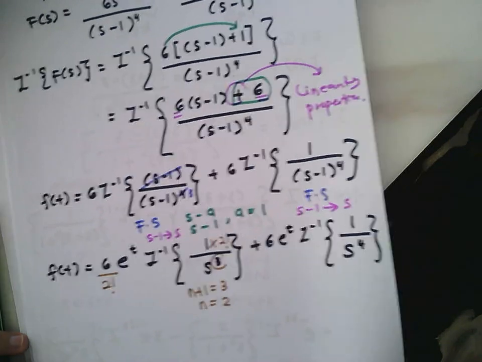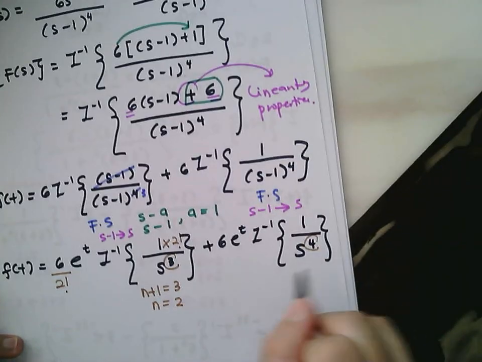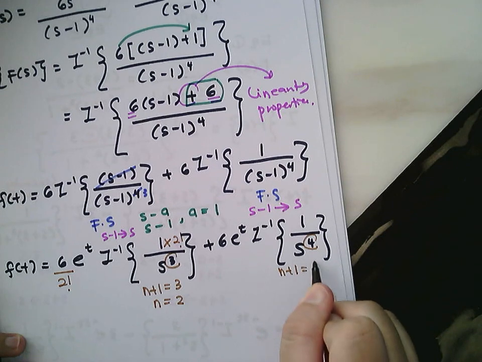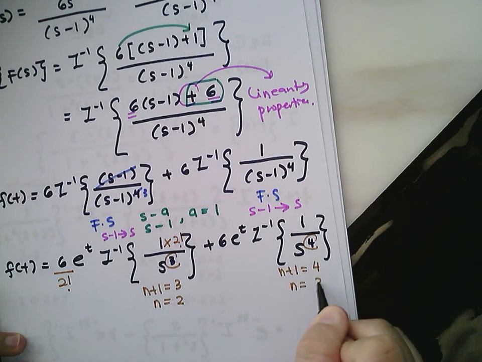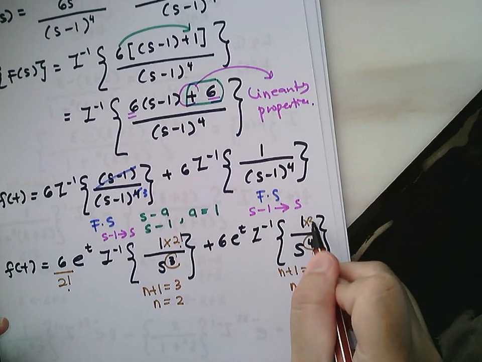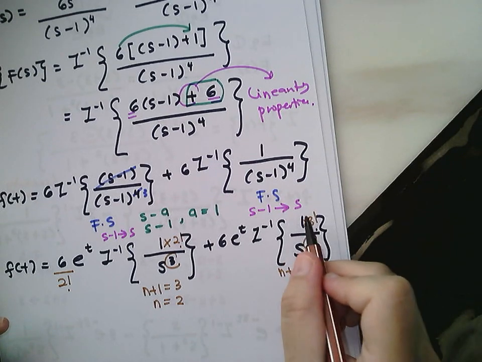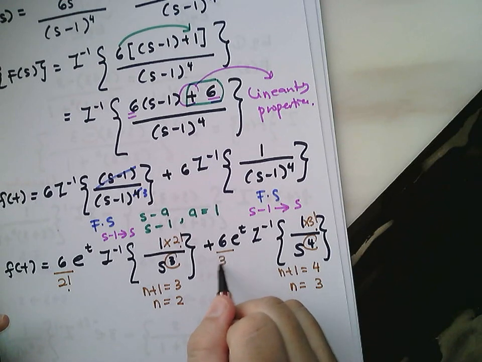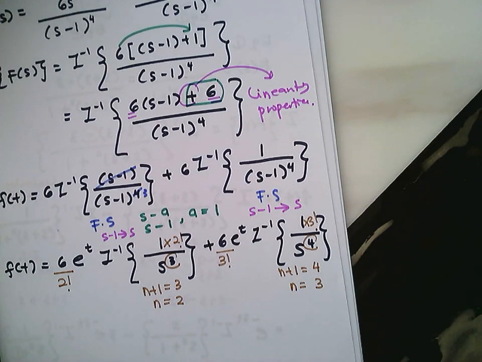Okay, so here your n plus 1 is equal to 4, so your n is equal to 3. So supposedly here is 3 factorial. So times 3 factorial, so divide by 3 factorial. So that's why I told you, you should by now be able to guess what is the inverse of the function. Okay, if not you might have a problem first to define what is the function, then what you need to do, multiply, or you don't have to multiply.